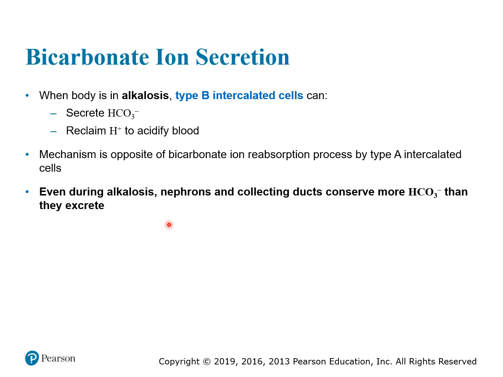It is important to know that even during alkalosis, nephrons and collecting ducts conserve bicarbonate more than they excrete. They are tuned to conserve bicarbonate. Even when the body needs to rid itself of bicarbonate, the kidney does try to excrete it, but even in doing that, it conserves more bicarbonate than it excretes.